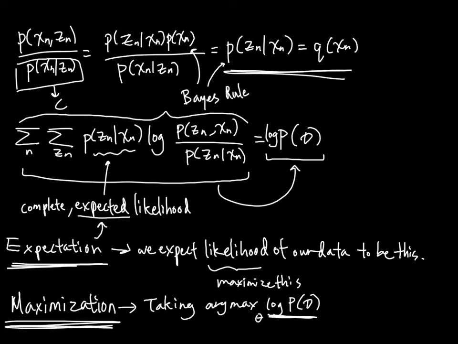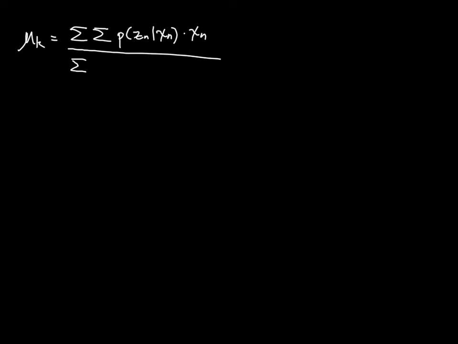I'm not going to show the entire derivation, but it turns out that for Gaussians, you just compute mu k is equal to the summation of p of zn given xn times xn divided by the summation of, oh actually this should be zk.